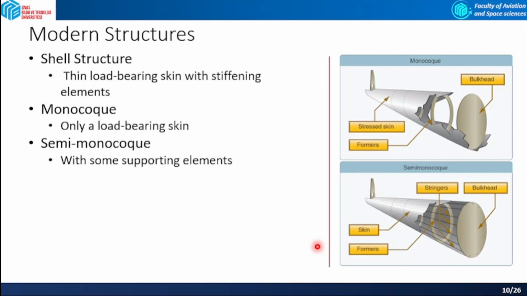In the shell structure, you have a very thin load-bearing skin with stiffening elements. In the monocoque, the upper picture, you have only a load-bearing skin, but in the semi-monocoque, you have some supporting elements as well, like these stringers and stuff.